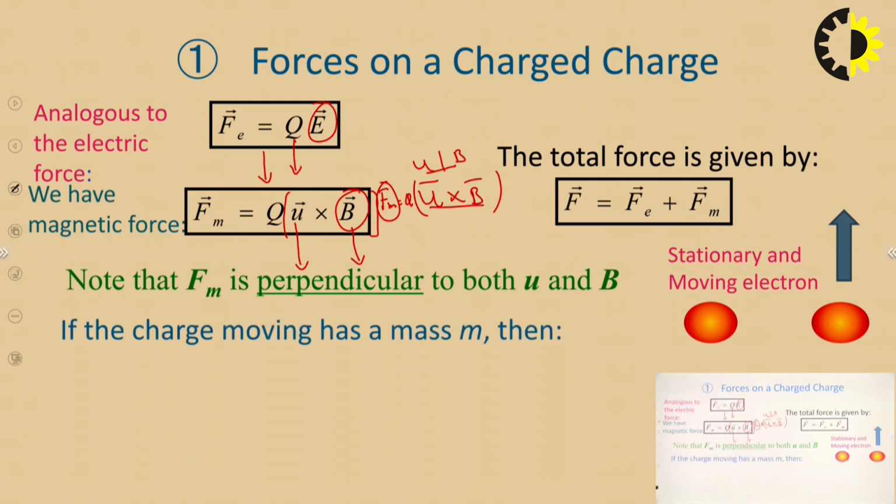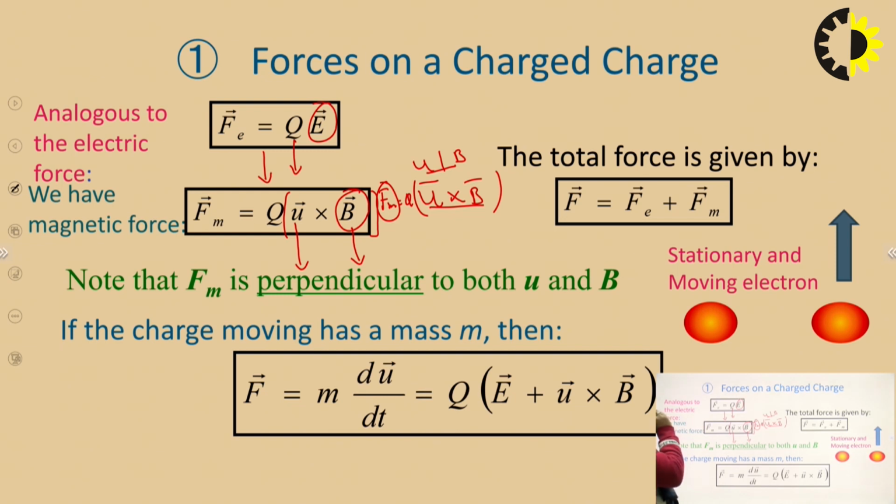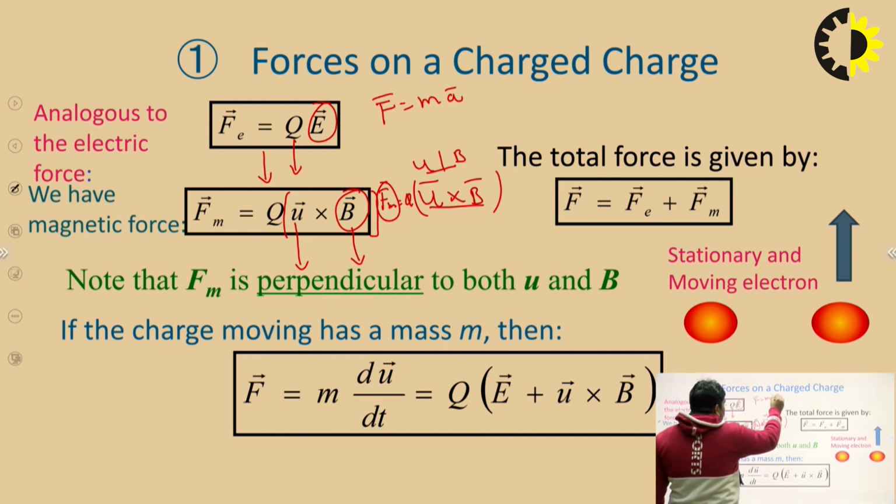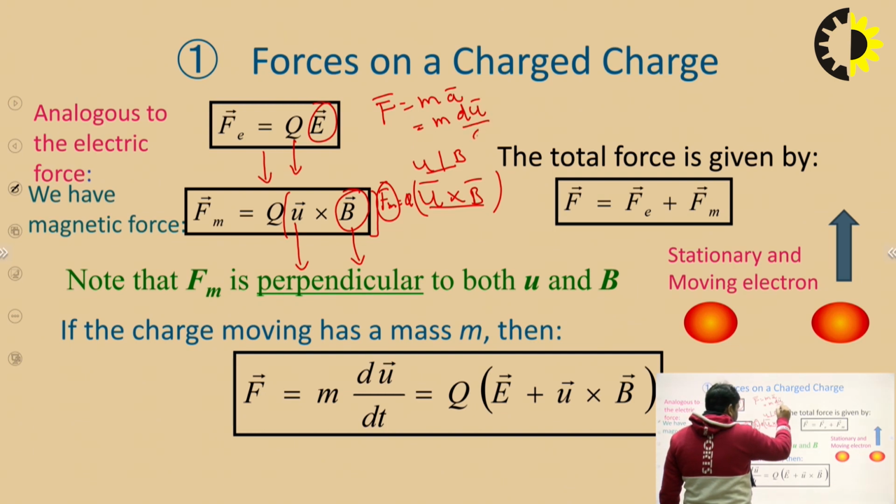If the moving charge has a mass m, then what is the force? We know that F is equal to m into a. This is Newton's law, where a is the acceleration. So acceleration we define in terms of velocity, which is equal to du by dt.